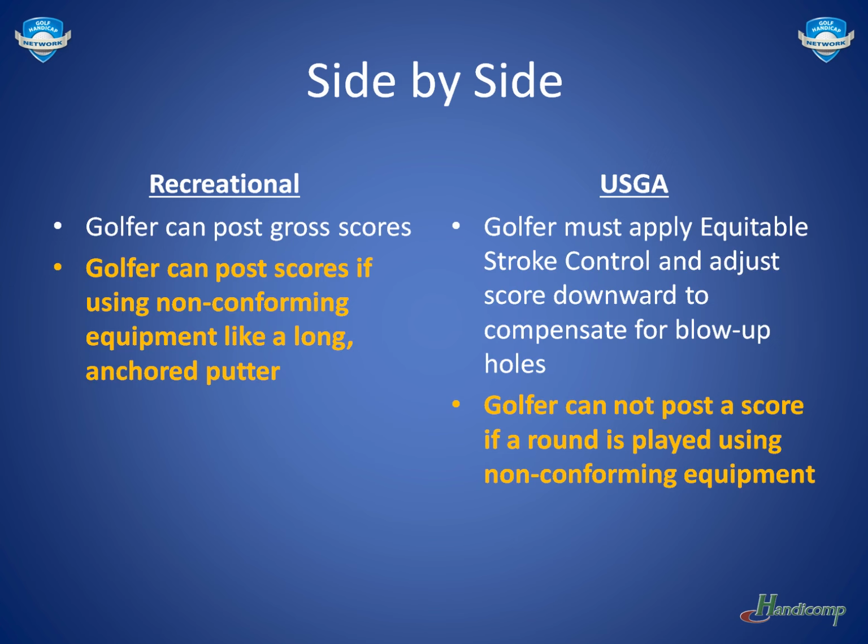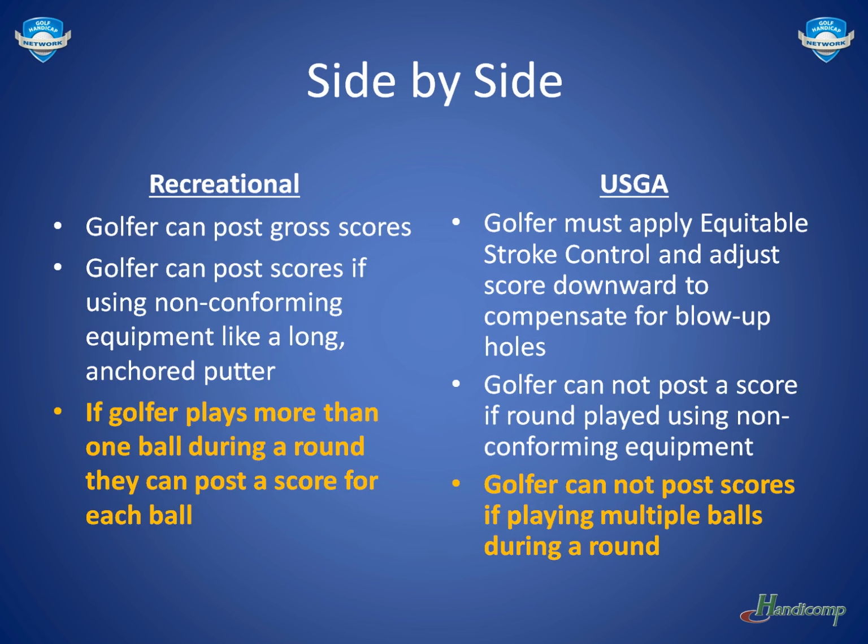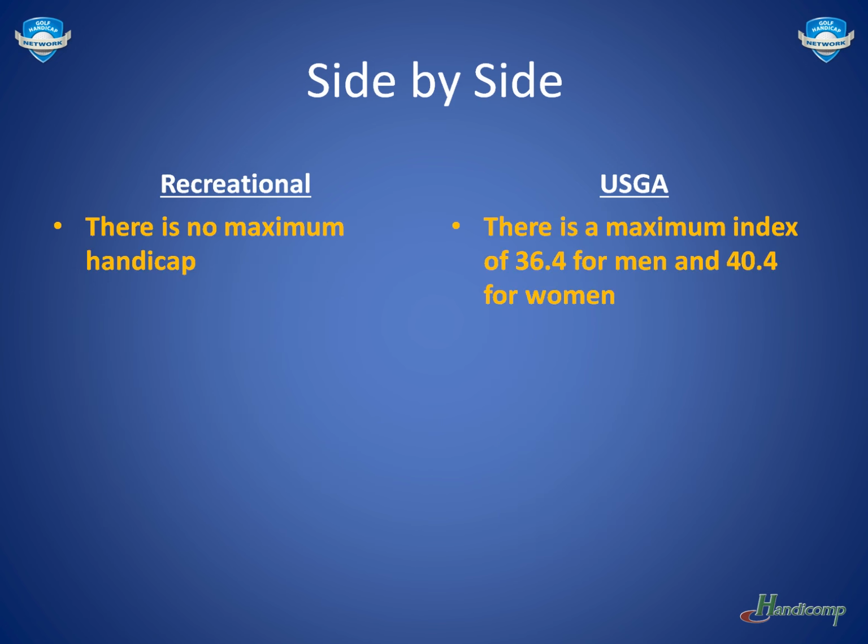For recreational, a golfer can post scores if using non-conforming equipment like a long anchored putter. For USGA, a golfer cannot post a score if a round is played using non-conforming equipment. For recreational, if a golfer plays more than one ball during a round, they can post a score for each ball. For USGA, a golfer cannot post scores if playing multiple balls during a round.